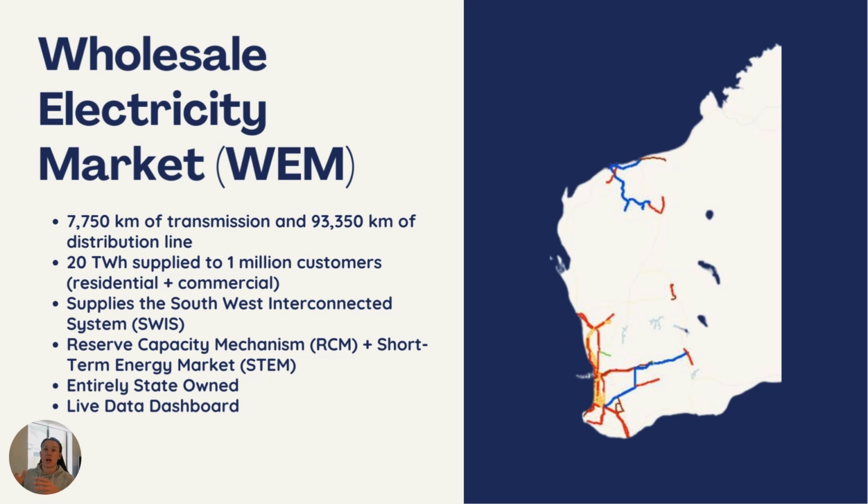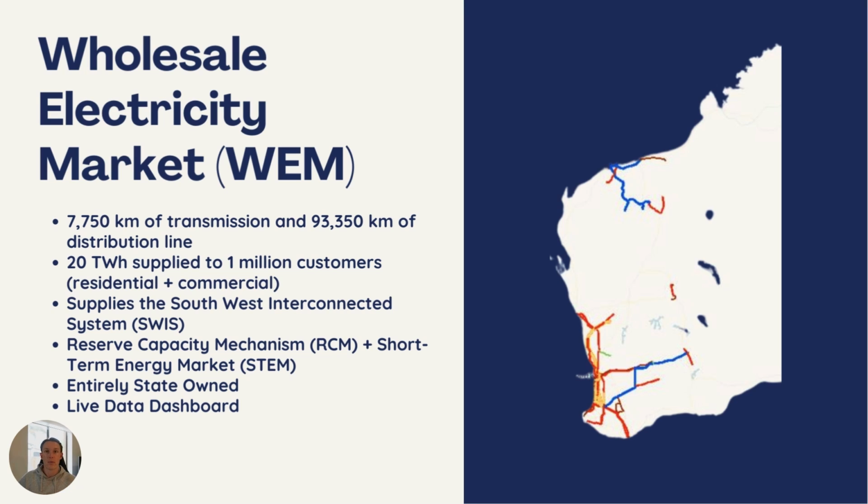Contrastingly to the NEM, which was 40,000 kilometers of transmission line, the WEM is only 7,750, but they do have a lot of distribution lines. So much less energy generated, only about 20 terawatt hours, which keep in mind is still a huge amount of energy, supplied to around 1 million customers, both residential and commercial.